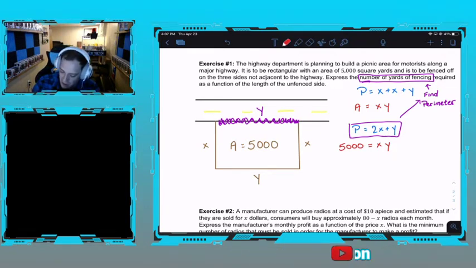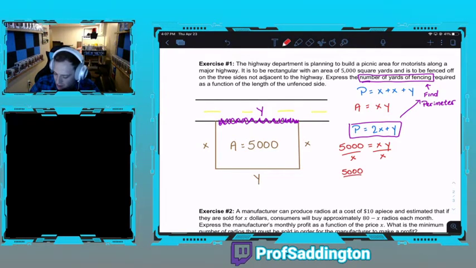So if I look at this area formula, the only way I can get y all by itself is if I divide both sides by x. So I'm going to have 5,000 over x is equivalent to y.